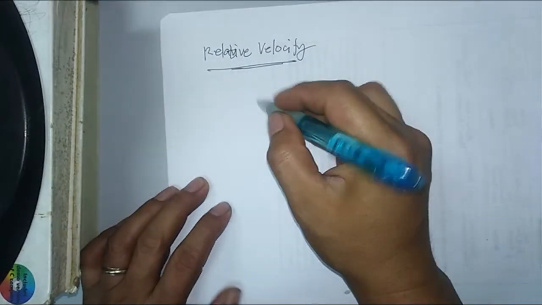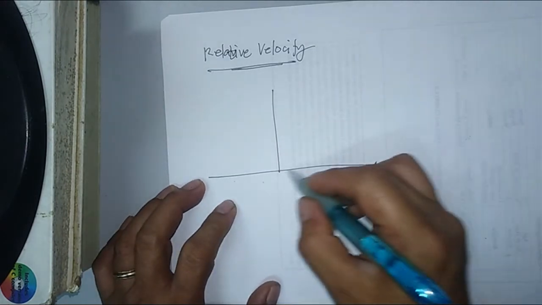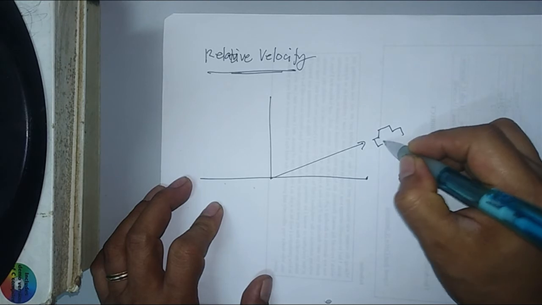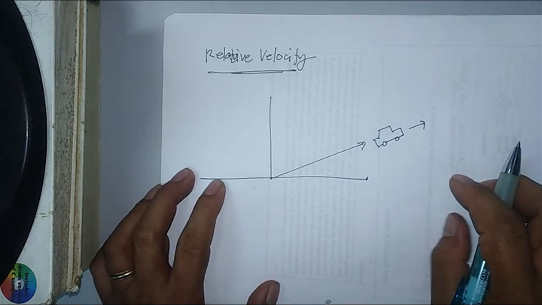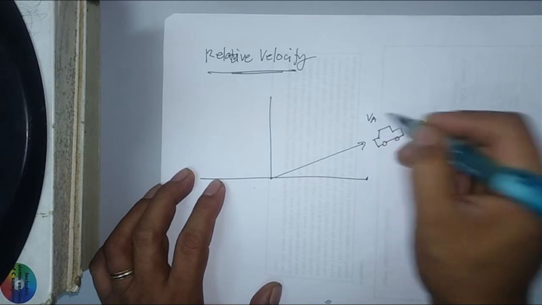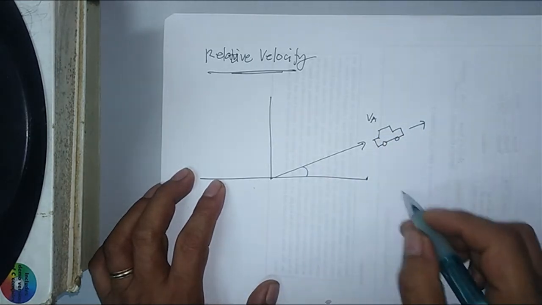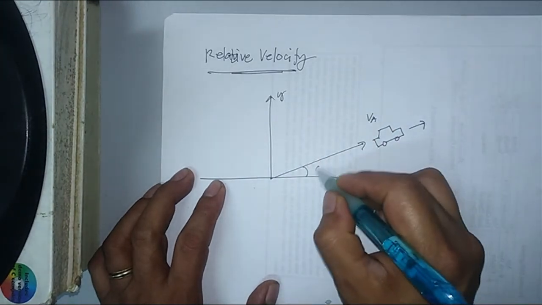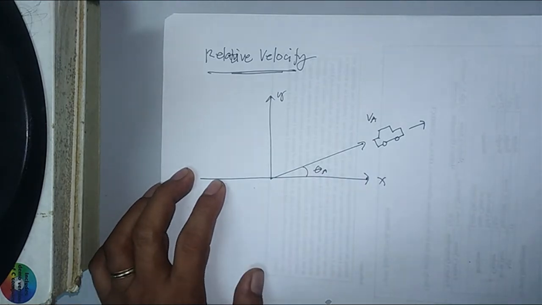Now, if I have here a car that is going in this direction with a velocity of a, let's say the velocity of this car is a, and we label the axes as x and y, and the angle here is theta a.